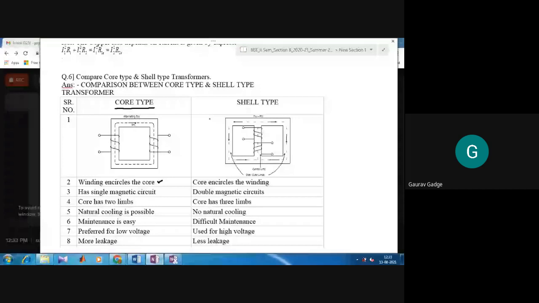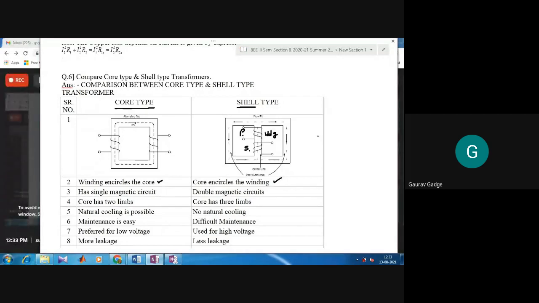Here that system is the winding, primary winding and secondary winding. Both windings are protected with the help of the core, so the core encircles the winding. Therefore it is called the shell type of transformer. This is the core type and shell type of transformer.